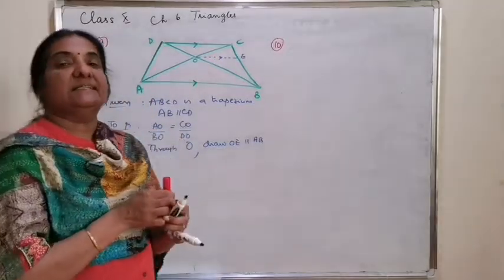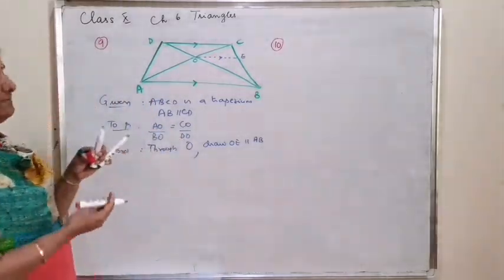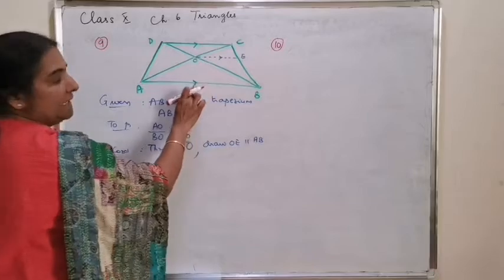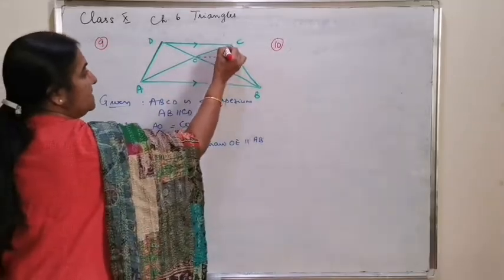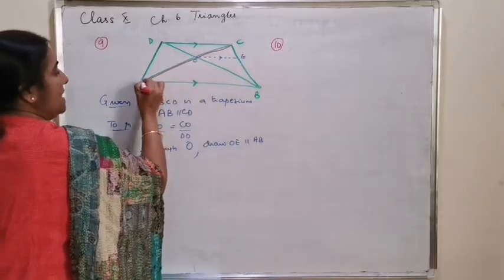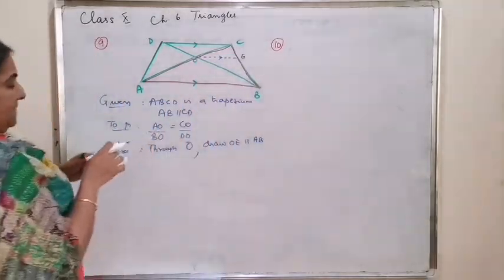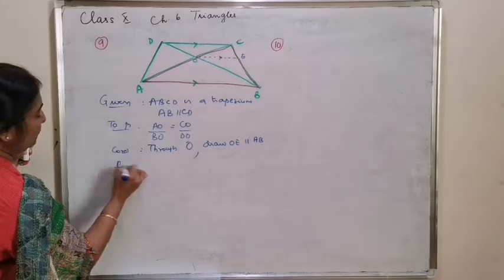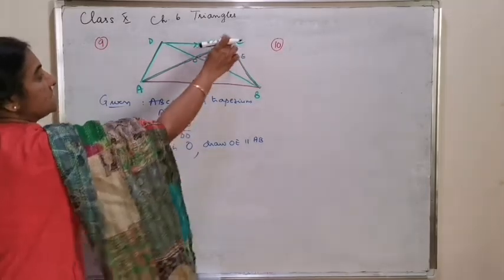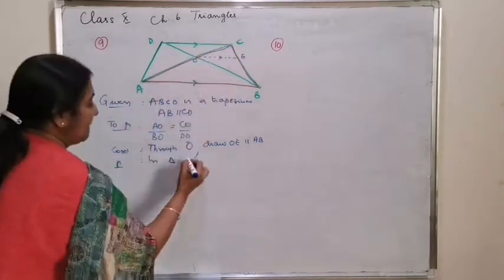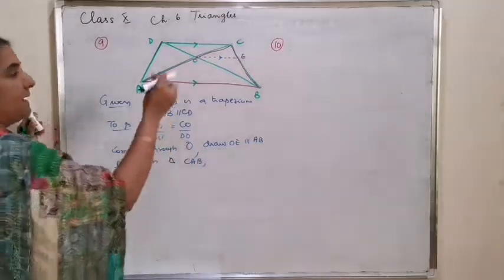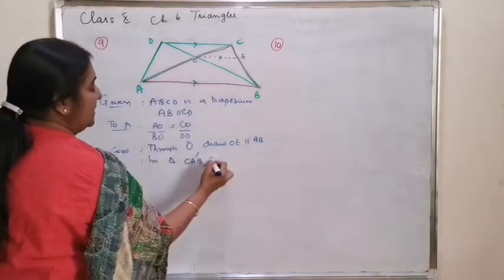So now consider the triangles. Which are the triangles here? As I told you, OE is parallel to AB means triangle CAB, you can apply basic proportionality theorem proof. In triangle CAB, the line parallel is OE parallel to AB.